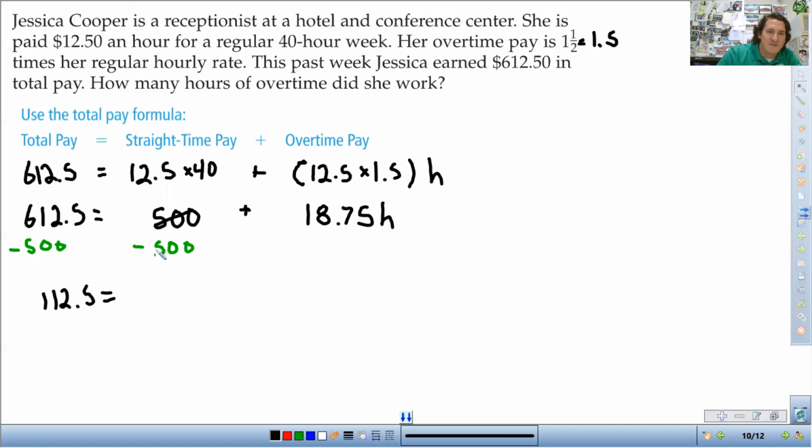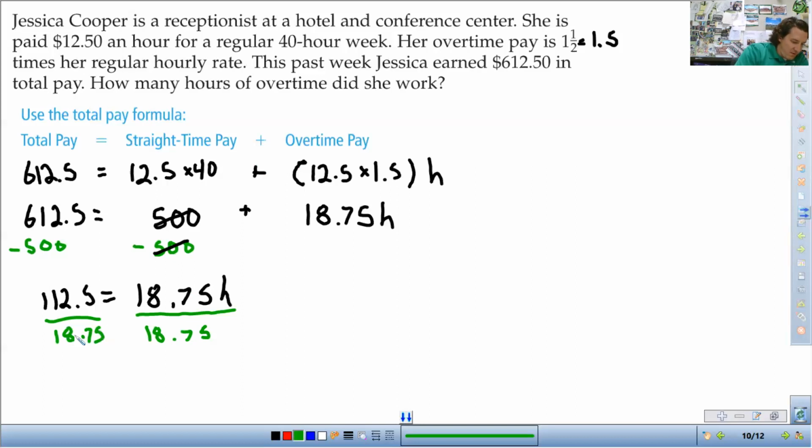The 500 minus 500 cancels out, and then you get 18.75 times H. Last thing you need to do is divide by 18.75. So 112.5 divided by 18.75 comes out to 6. She worked a total of 6 overtime hours.